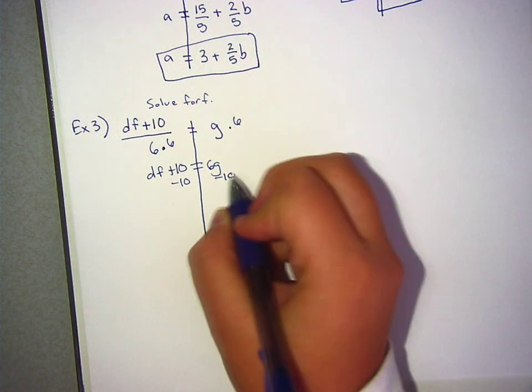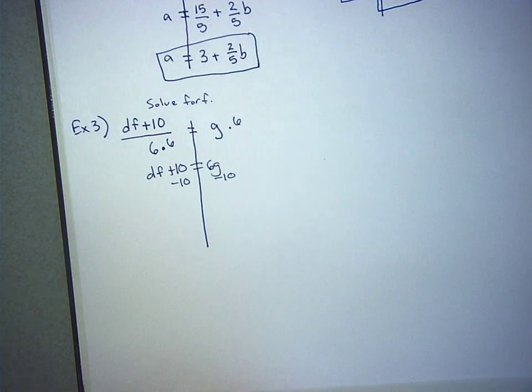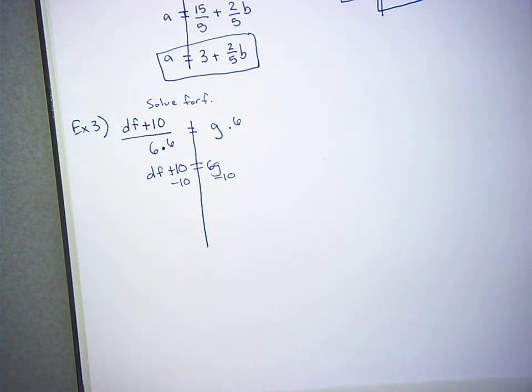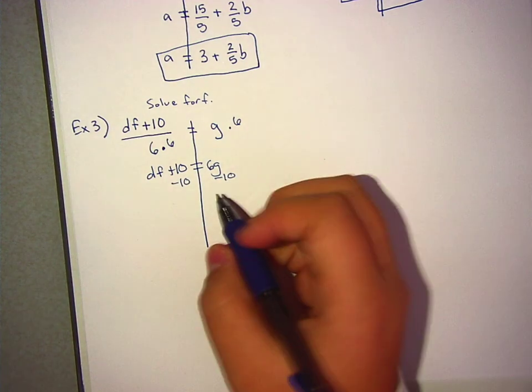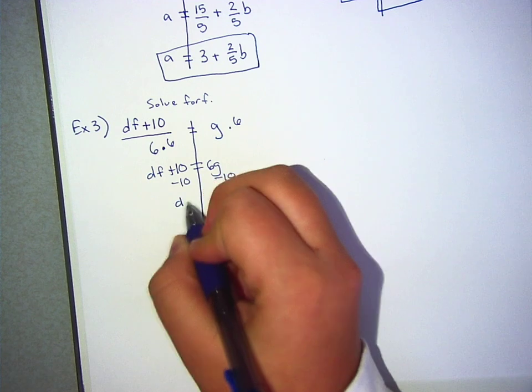Now, if you had written g6 instead of 6g, you would have still gotten it right, because you can multiply those in any order, but generally we usually put the number in front of the letter. Okay, keep going. So then it'll be df equals 6g minus 10.